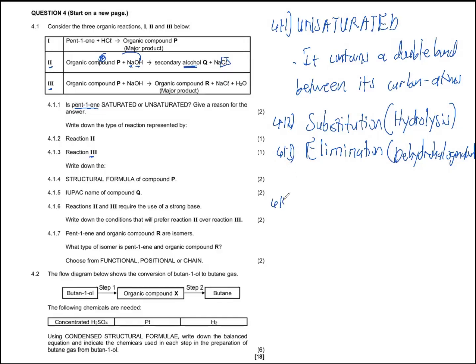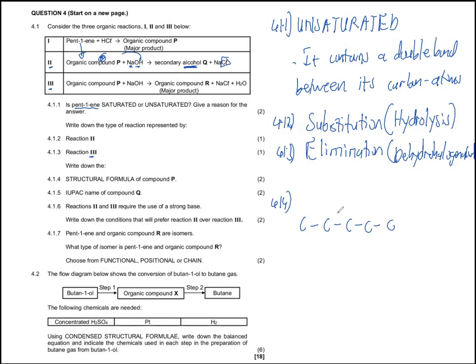Then 4.1.4, structural formula of compound P. Obviously, we know that it's coming from the pent-1-ene here, so whatever we are drawing has to contain 5 carbons. So this is 1, 2, 3, 4, and then 5. And in order for us to have created a secondary alcohol, this one also had to be a secondary haloalkane.